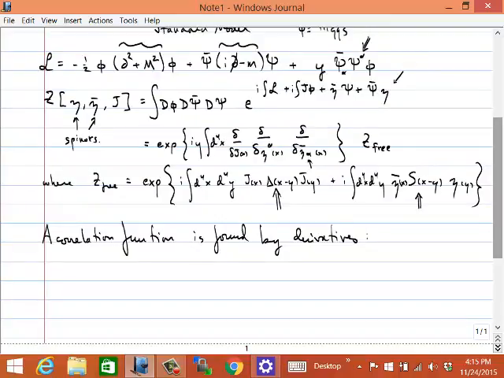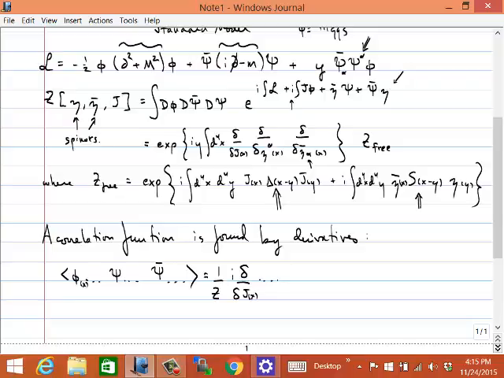So, for example, if you wanted to compute a correlation function of a bunch of phi's with a bunch of psi's and a bunch of psi bars, then you would just need to take a bunch of derivatives with respect to j, and you would need a factor of i there because you have this factor of i here. And you would need to take a derivative with respect to j for each phi. So we could put a phi of x, or you would take a d by dj of x.